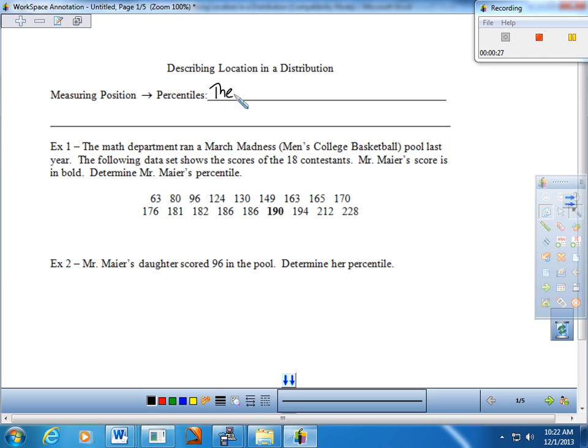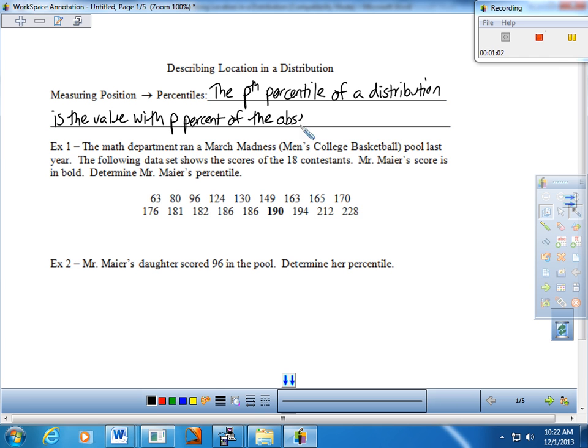So we're going to look at what we would call the pth percentile. P with a little th there. So that percentile of a distribution is the value with p% of the observations less than it.